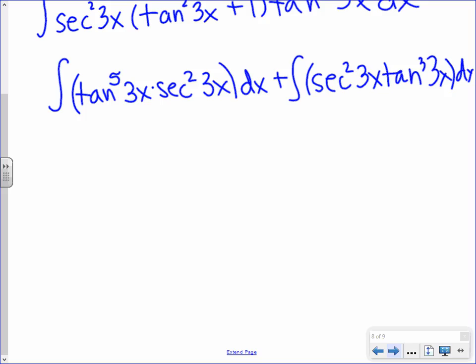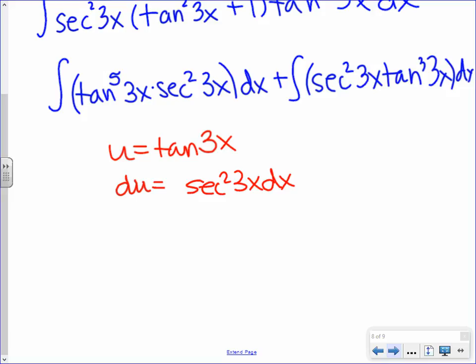Okay. So then we can let u equal tangent of 3x, which means du is, careful, well, there's a 3 here, which means we'll have to put a 1/3 outside of our integrals, right? So secant squared 3x dx is present in our integrals.